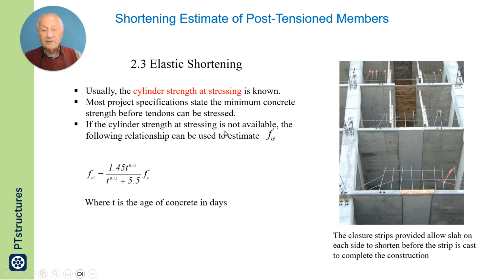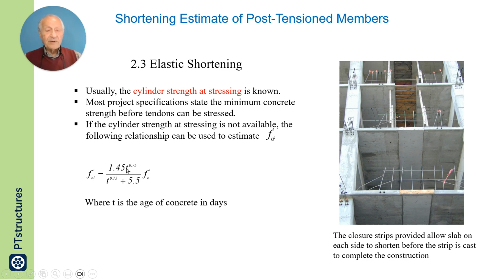If not available, then you use this formula, where the concrete strength at stressing is a fraction of the concrete strength on day 28, the specified strength. This is the specified concrete strength intended to represent day 28, and this is the concrete strength when you stress.